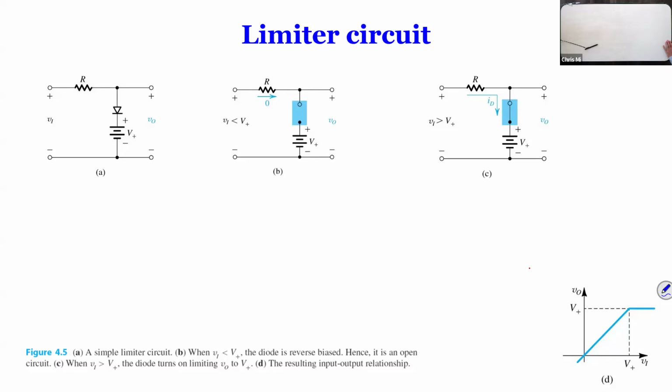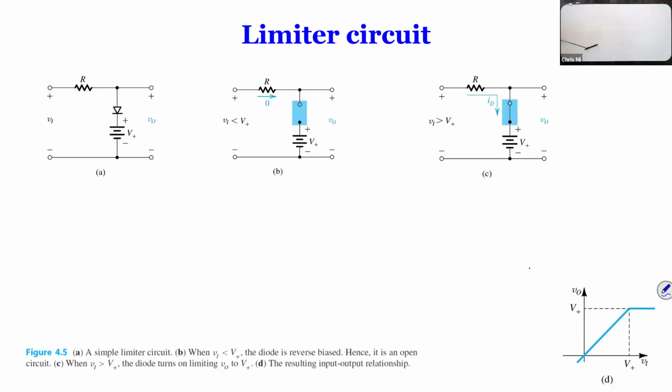So look at, if Vi is less than V plus, would you have current in the diode? No current. Okay. If no current, what would you see at the voltage at the top?